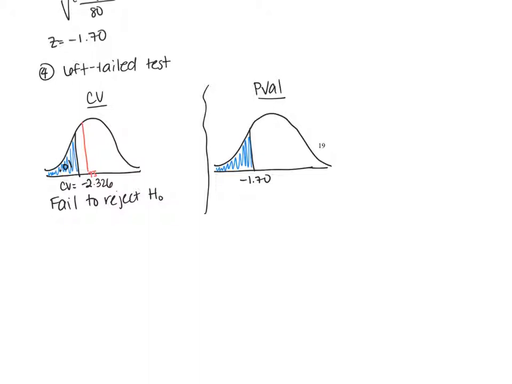Using normal CDF with a lower bound of negative 999 and an upper bound of negative 1.70, we find that our p-value is equal to 0.0446. If I compare this to 0.01, which is alpha, our p-value is greater than 0.01, which confirms that we will fail to reject the null.